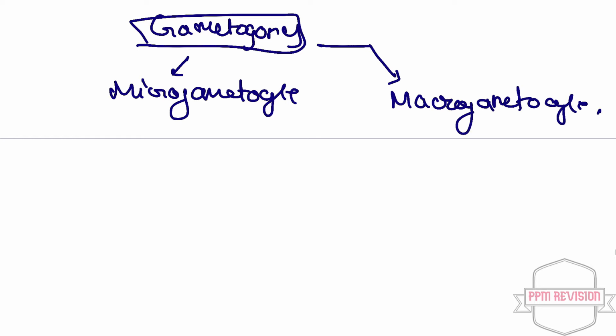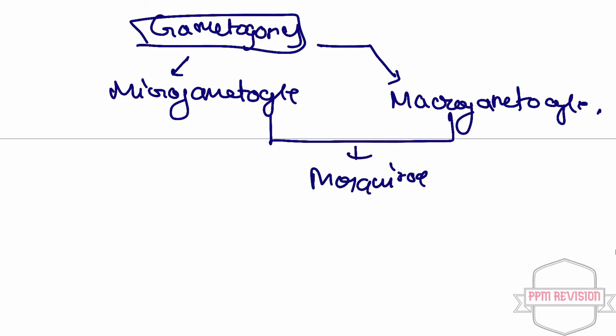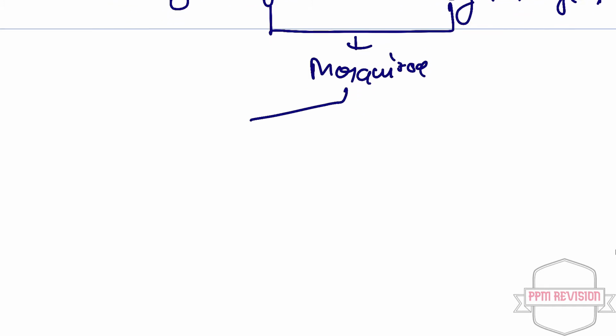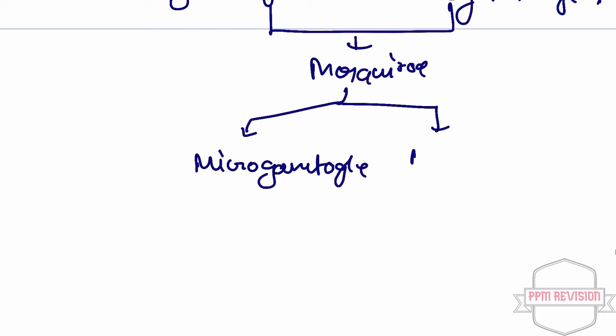This is in the mosquito, and again we see the same, that is microgametocyte and macrogametocyte.